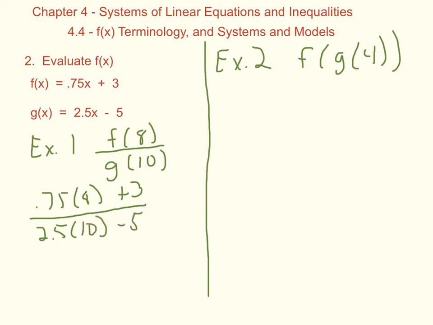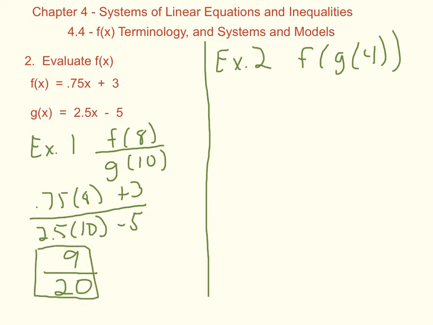So the top, 0.75 times 8, that's 6 plus 3 is 9. Divided by 2.5 times 10, so that's 25 minus 5, which would be 20. So the answer to example 1 is 9 over 20.